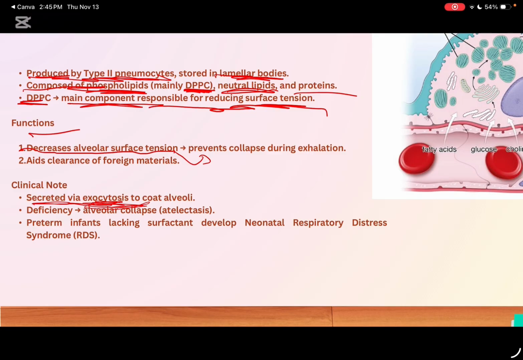If we have a deficiency, alveolar collapse. Deficiency of it we find mainly in infants, and because they lack surfactant, they develop neonatal respiratory distress syndrome.